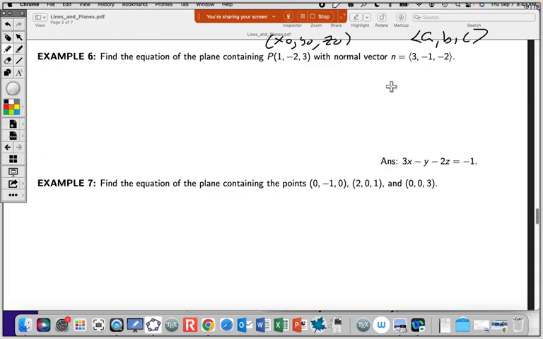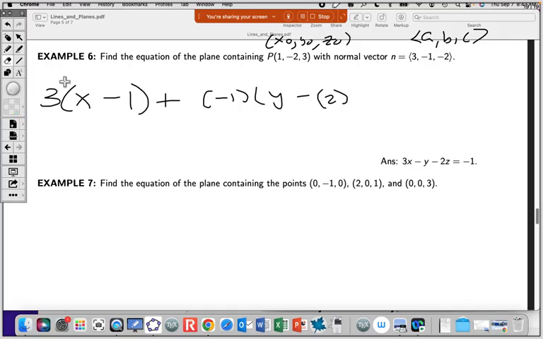So I'm going to start with the x component 3 times x minus the x coordinate 1 plus the y component negative 1 times y minus the y coordinate, negative 2. Plus the z component negative 2 times z minus the z coordinate 3. And this is the most common mistake.